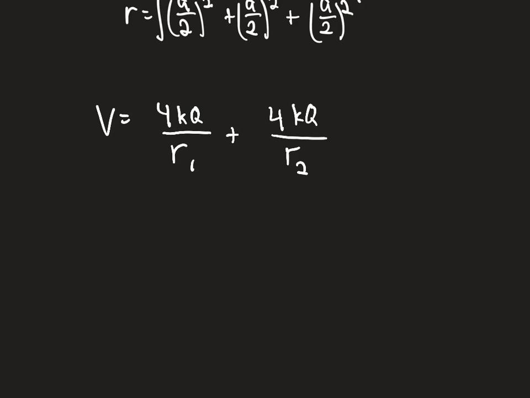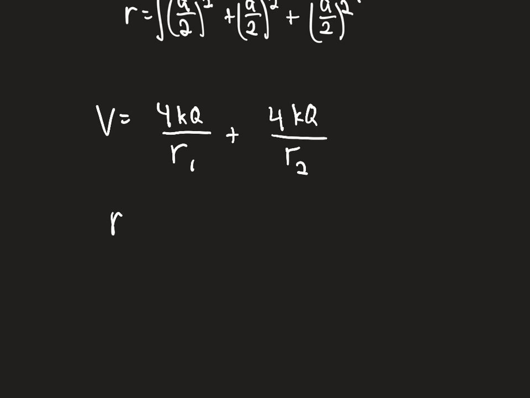So how far is it from one of these corners to the middle? I have to step in X and Y only, not X, Y, and Z. So I can go over and then down and get the hypotenuse there. That's what I'm looking for. So how far over do I go from the corner to the middle? A over 2.